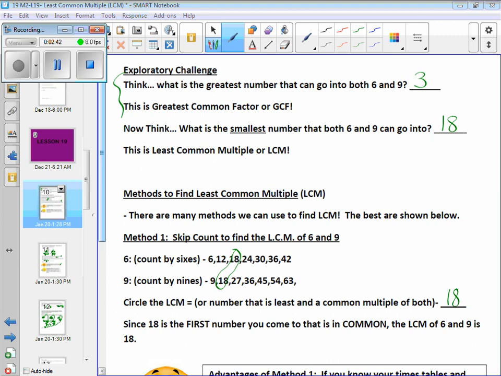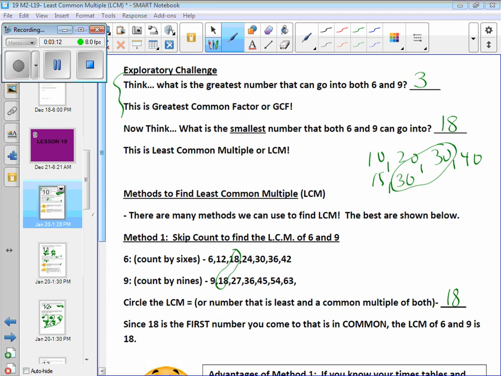If I gave you 10 and 15, count by 10s, count by 15s. Where do you get your first hit? Count by 10s. Count by 15s. There's my hit.